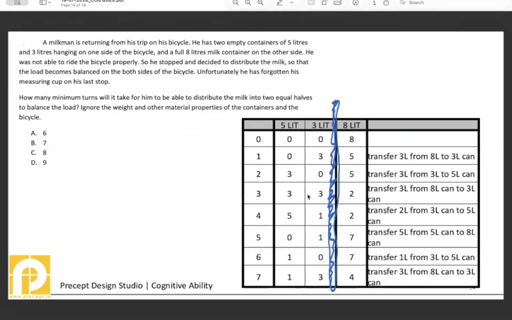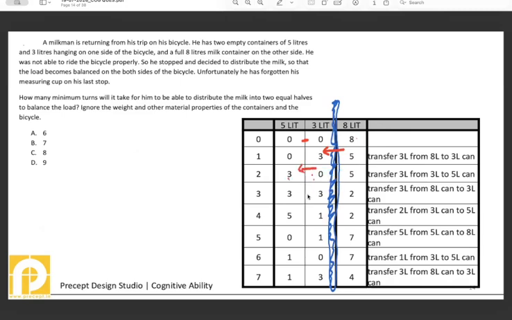So in the first case, 5 and 3 liters containers are empty, so 0, 0, and 8 liter is full. In the second option, what we do is from the 8 liter container, we add it in the 3 liter container. Then in the second step, from the 3 liter container, we add it to the 5 liter container.